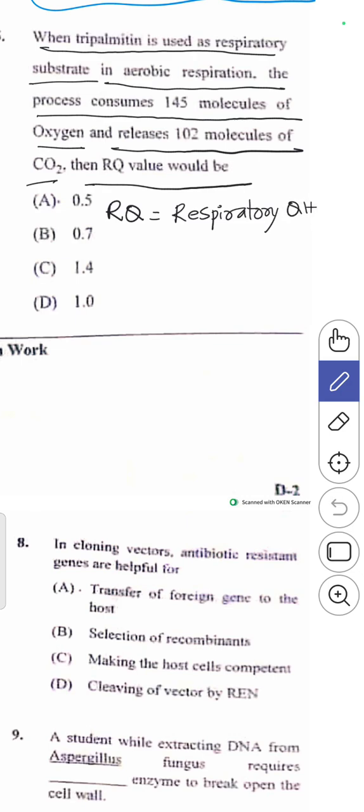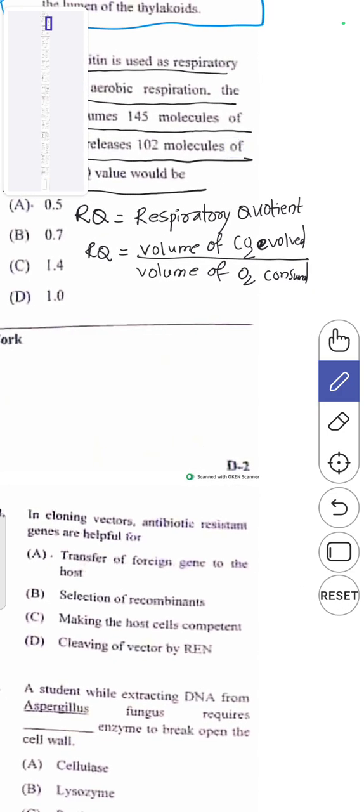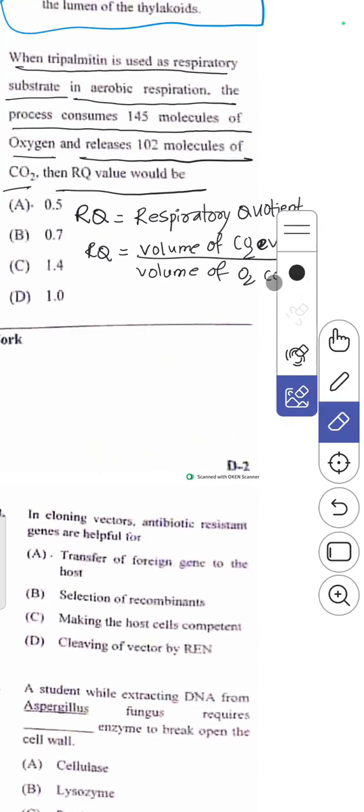We have a formula that the respiratory quotient equals the volume of CO2 evolved divided by the volume of O2 consumed. So I will write clearly once again.